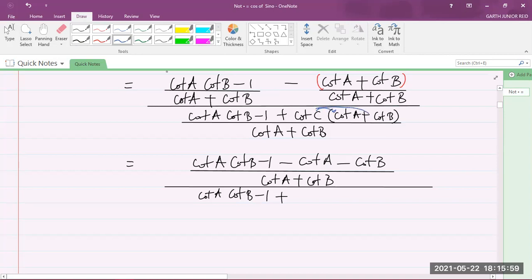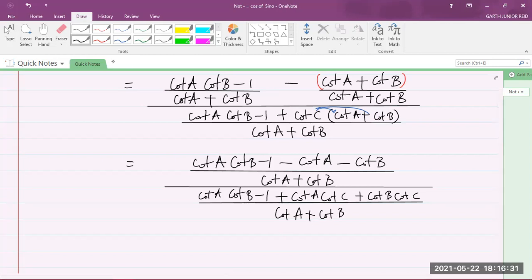So it means that I will have a cot A multiplied by a cot C, plus I will have a cot B multiplied by a cot C. And remember now in my denominator here is the cot of A plus the cot of B.